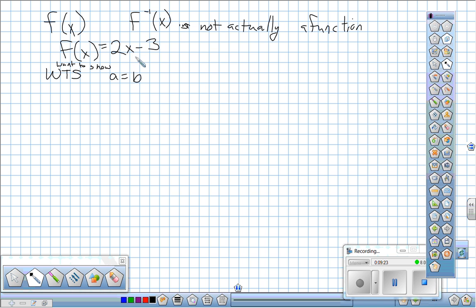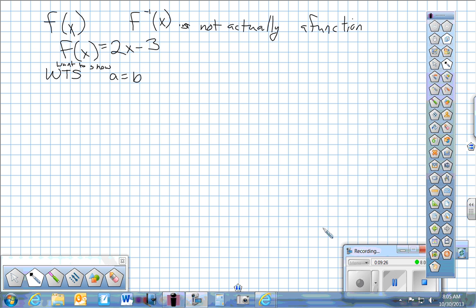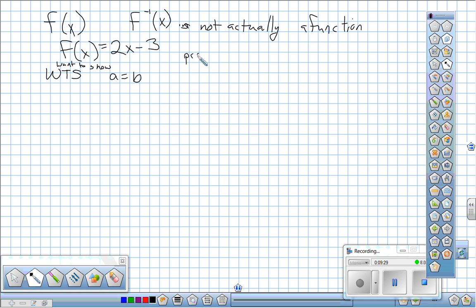And we're going to do a proof by contradiction. There we go, maybe. So in order to do a proof by contradiction, we say basically what we want to prove at the very end, and then we come back and we say the opposite of what it is that we want to start with.